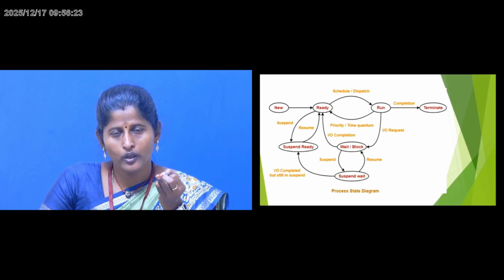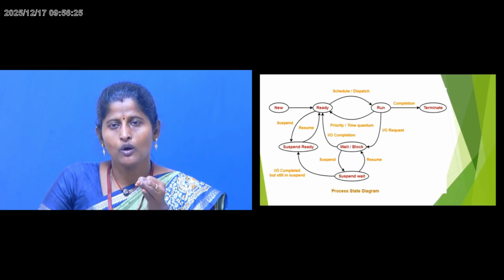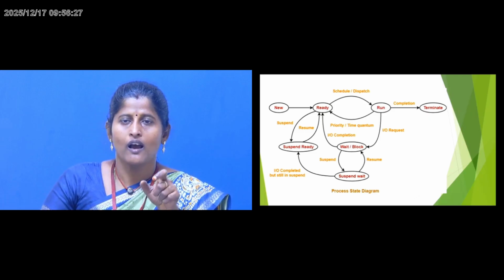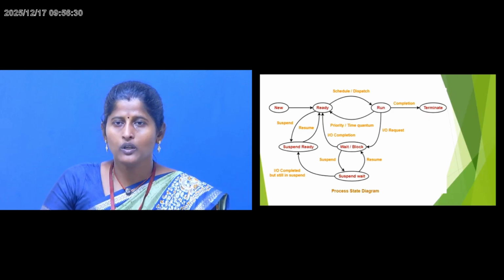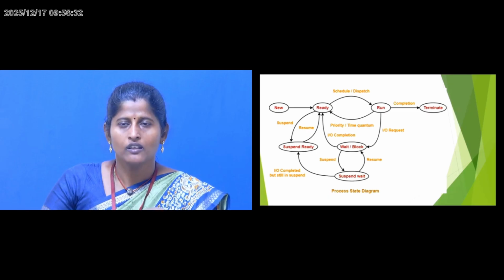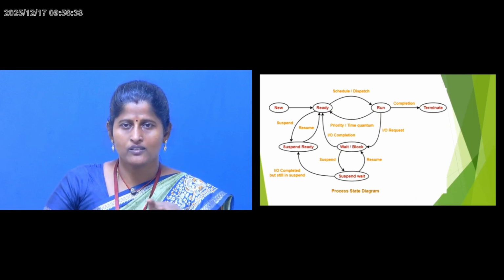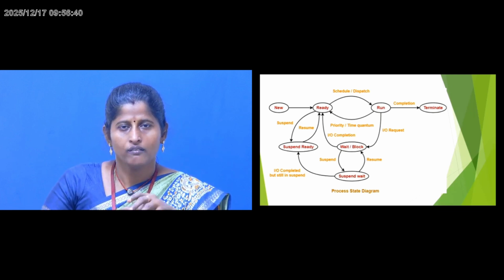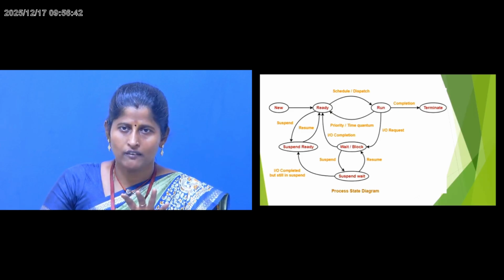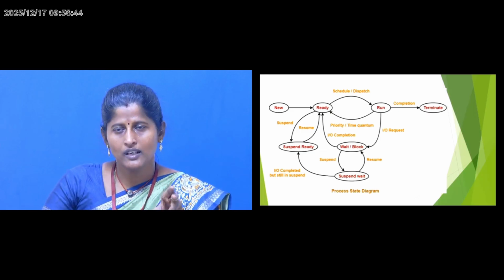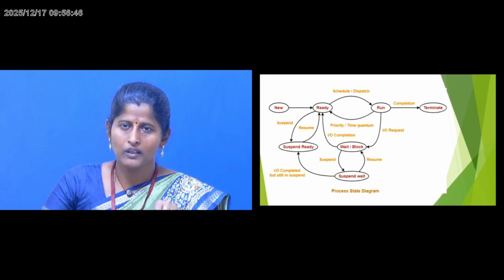And now we are going to execute that program, so it is called the ready state. After that, we execute the program in the run state. If there is no interruption, it may terminate successfully. It is one kind of process execution. So here we view the four states of the process: new state, ready state, run state, and terminate state.